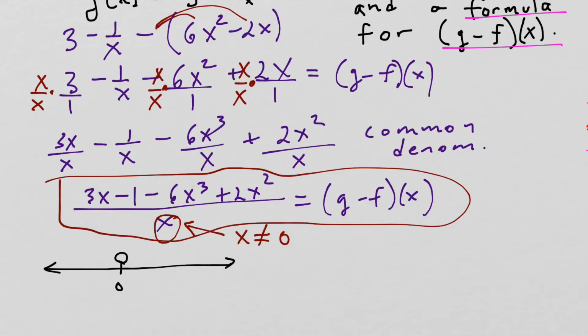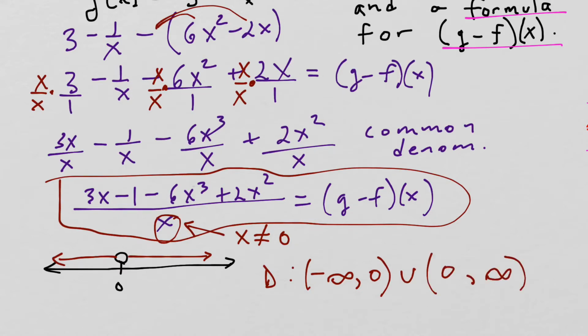But we're over here, okay, and over here. So if we write that in interval notation, that's negative infinity to 0, union, pick up on the other side of 0, 0 to infinity. Okay, so this is our domain.